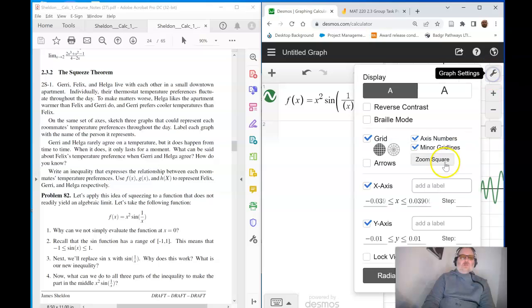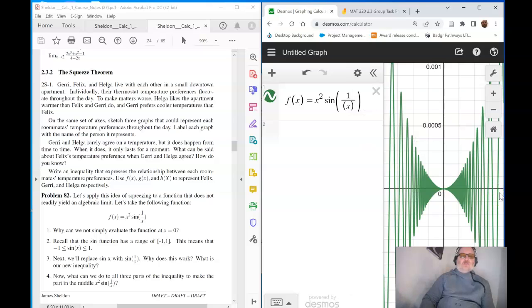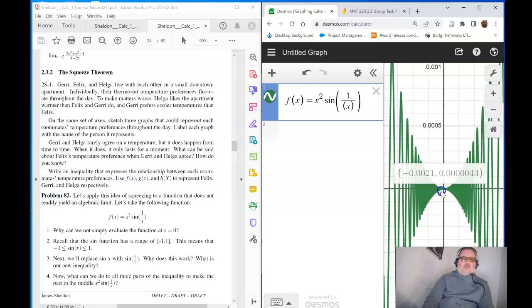Maybe just a tiny bit more. Let's try 0.001 to 0.01. There we go. So we've got this nice function here where we can see, if we trace it, that it seems to be approaching zero at the origin, but when we reach the origin, it's undefined.